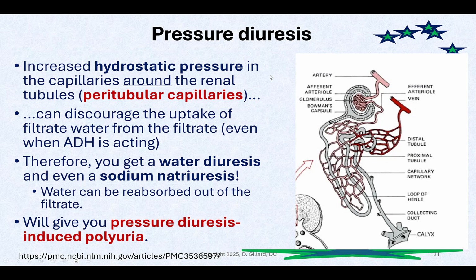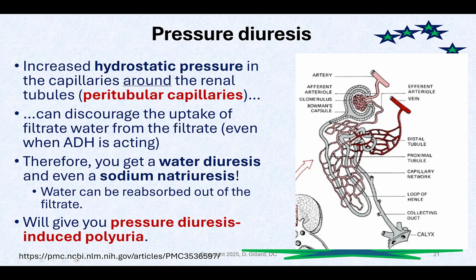So increased hydrostatic pressure in these peritubular capillaries can discourage the uptake of water. So even if there's antidiuretic hormone, right in these connecting tubules you'd be trying to suck water out of the filtrate, and you have another force pulling that back.